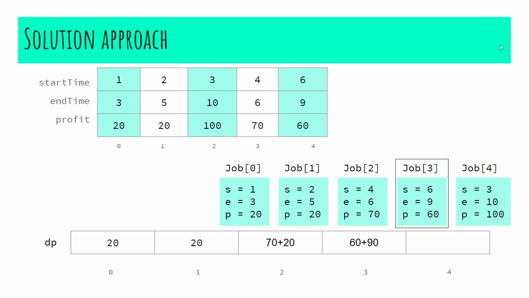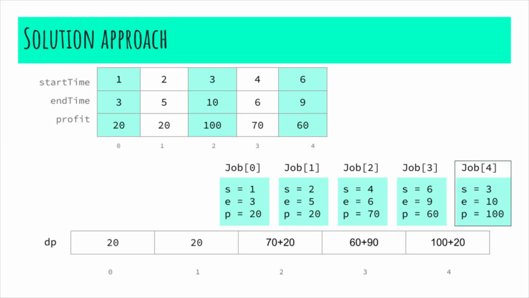Therefore, I can perform these 2 jobs without any overlapping of time range. Therefore, the profit I would get is the profit of performing fourth job, that is 60, along with the profit of performing the third job. As you can see, the profit that we had obtained was 90 for the third job. I will be adding 90 to the profit of the current job.